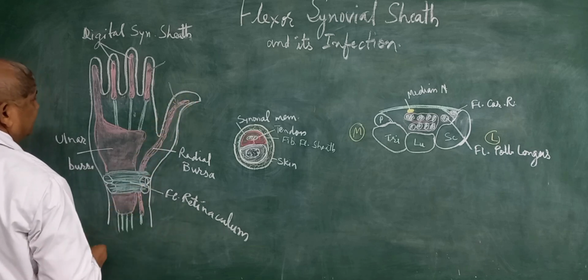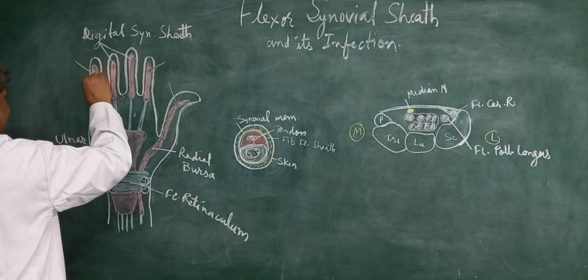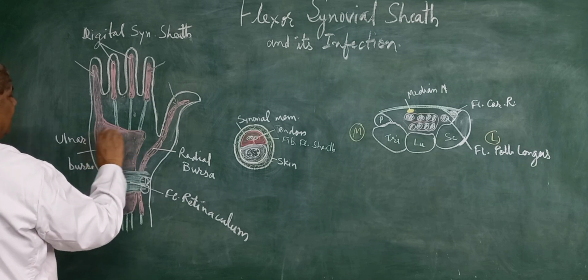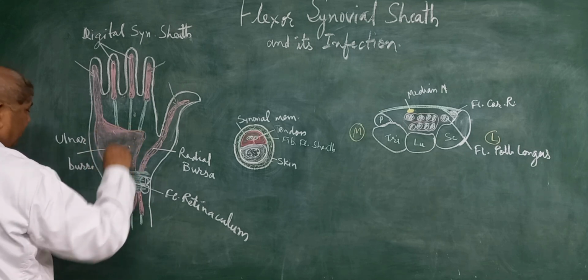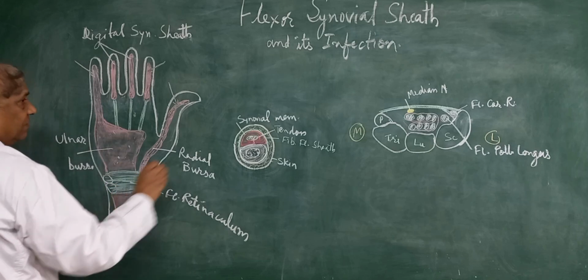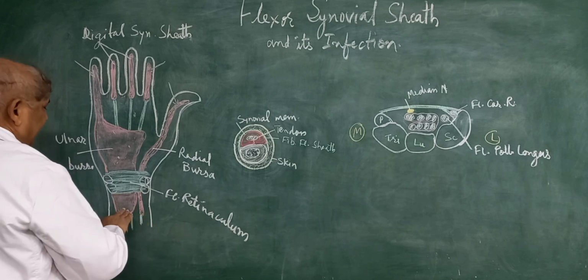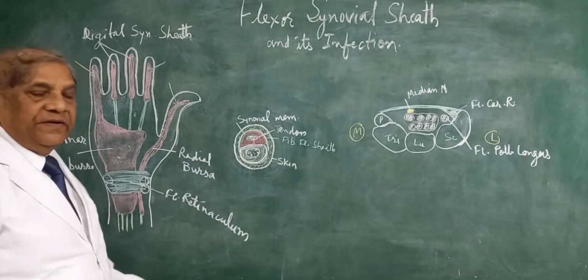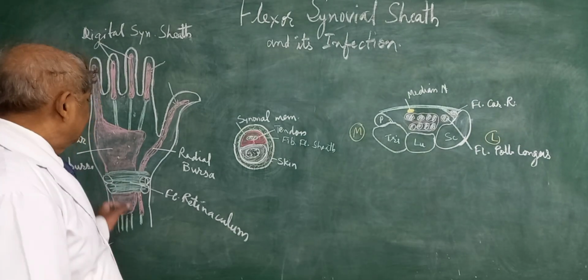Similarly, if it is for the little finger synovial sheath, then it will involve the ulnar bursa, a complete big area of the ulnar bursa, going deep to the flexor retinaculum and into the forearm, about 2.5 centimeters proximal to the flexor retinaculum.